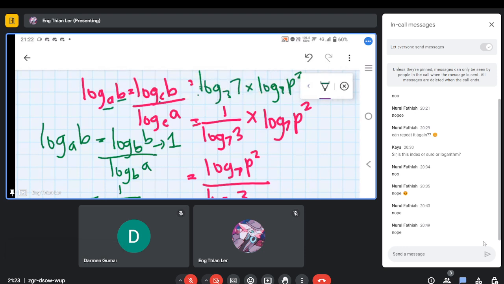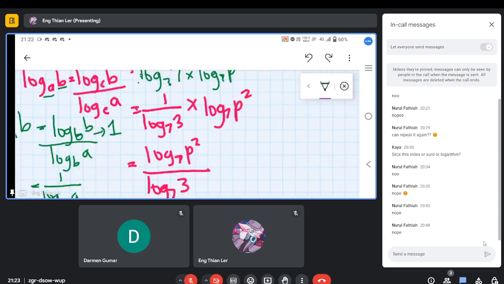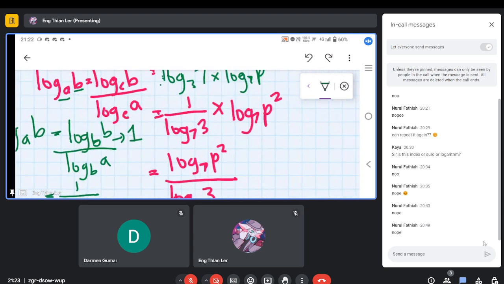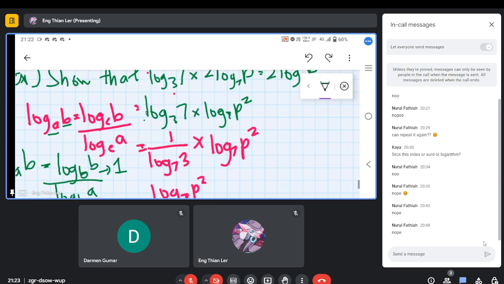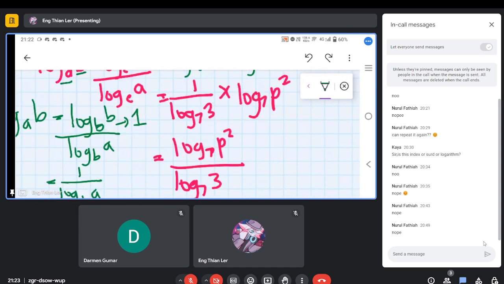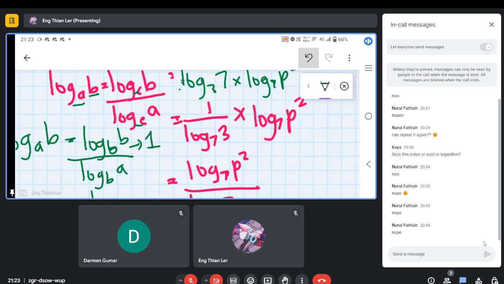If we compare, C is the same. Yeah, the C is the same. We just need to take the reverse. We just reverse the whole process.